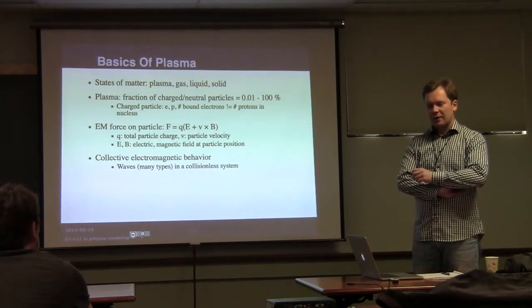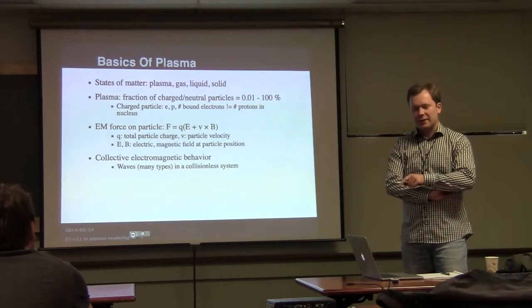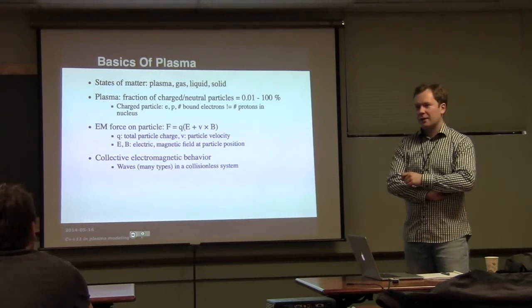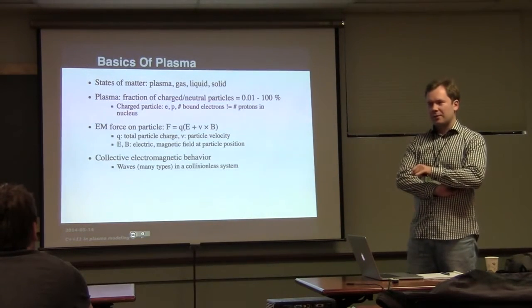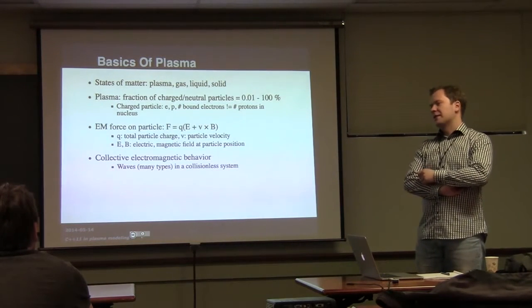For example, at the Earth's distance from the Sun, the mean free path of the particles, so the average distance that particles travel before they collide with some other particle, is about the same as the distance from Earth to the Sun. So it's really a collisionless system.